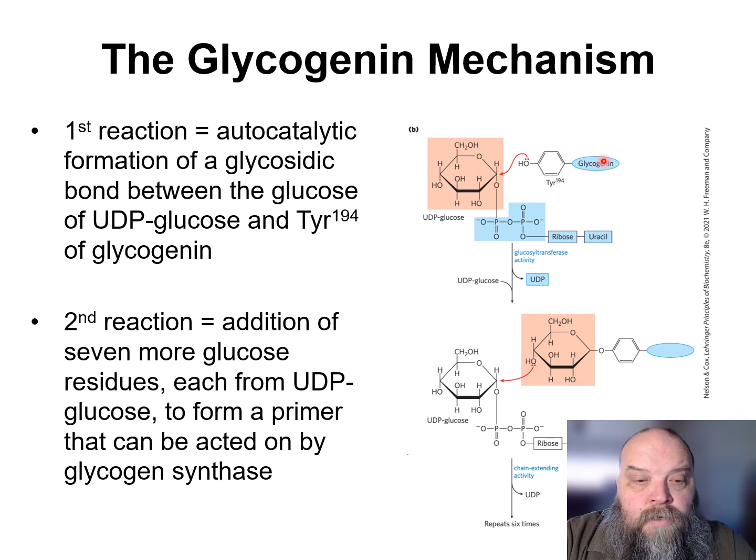Here, the first sugar is going to be added directly to the enzyme. The next ones will be added here, boom, boom, boom. And once it grows long enough, this will be cleaved away. And now the sugars will then be transferred to the central structure of the glycogen.